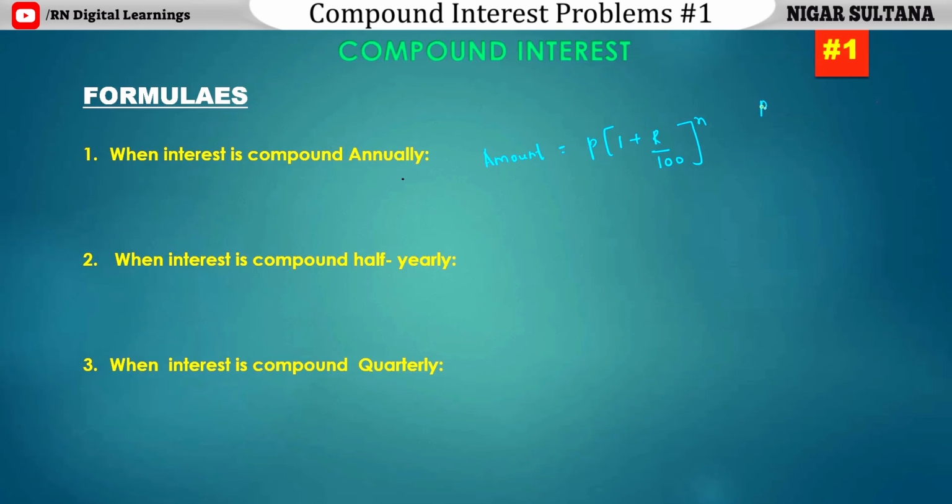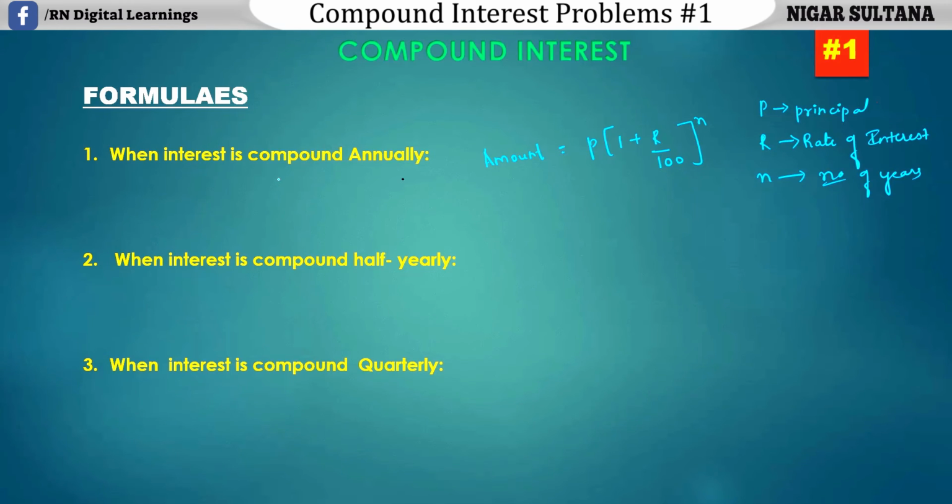P means, I have told you, P indicates for principal amount. R means rate of interest. Next, n indicates number of years. So this is the formula for when the interest is compound annually.